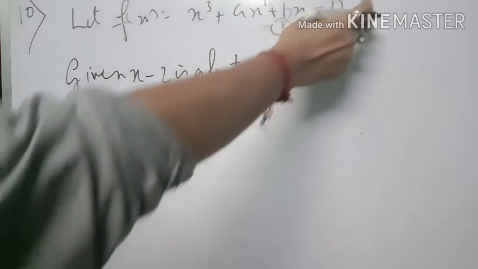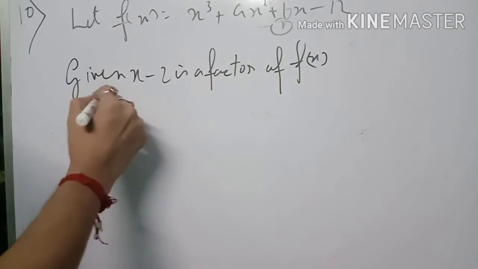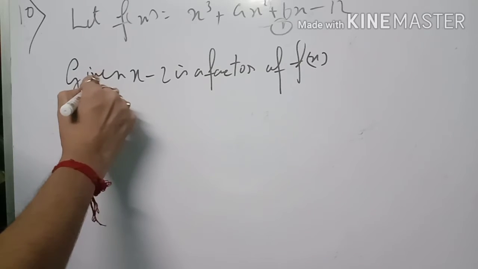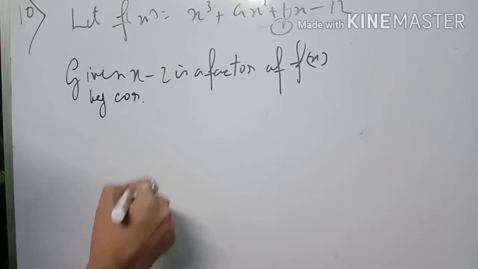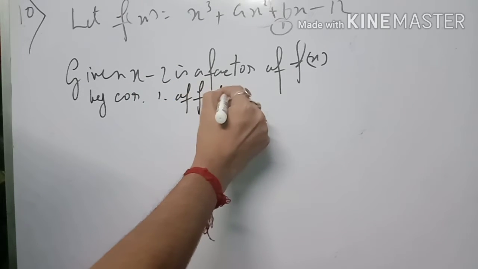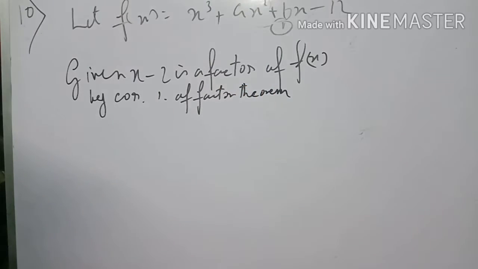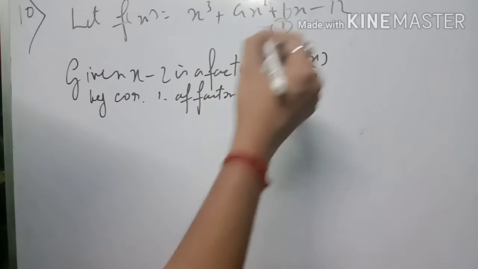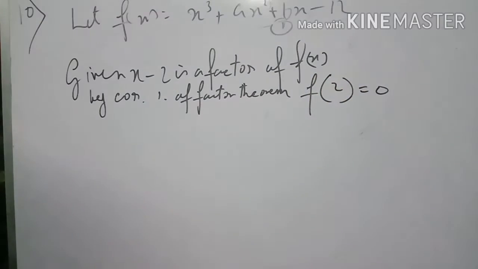By corollary 1 of factor theorem, f(2) is equal to 0.